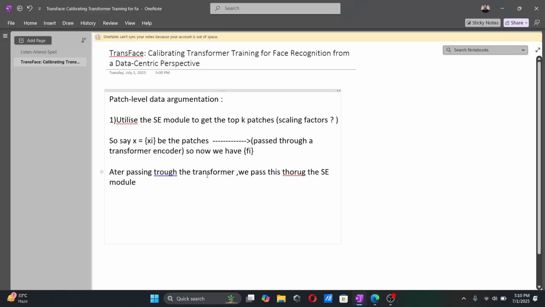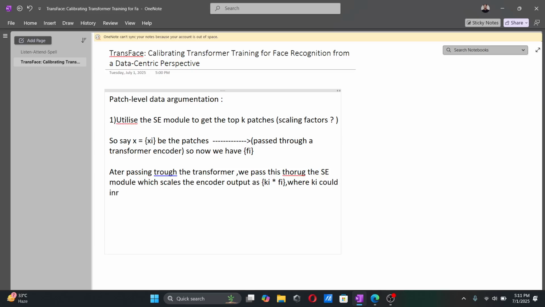Which scales the encoder output as KI and FI, where KI could be taken as how important the patch is to FI.